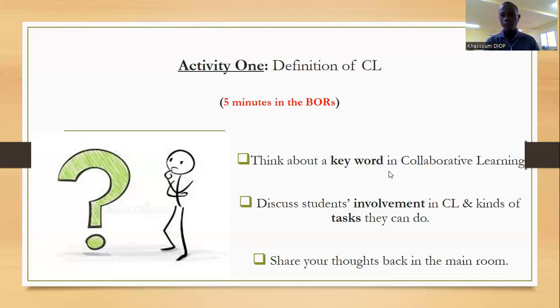At the same time, you think and discuss a kind of task your students can do when you have them in collaborative learning. What kind of task can you assign your students in collaborative learning? I will send you for 5 minutes into the breakout rooms before you come back. But make sure that when you come back, you will share your ideas about the keyword in collaborative learning and the kind of task, or example of task, you can assign to your students when you want them to do collaborative learning.